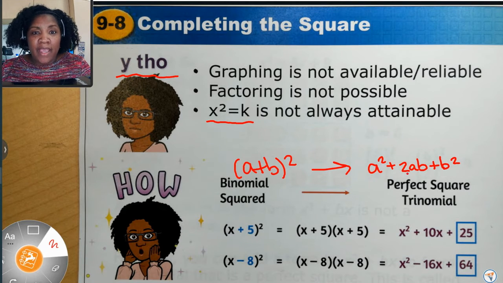So knowing that perfect square trinomials come from binomials squared gives us what we need to be able to use completing the square. Okay, so there's our opening, and let's get into how to use this method.